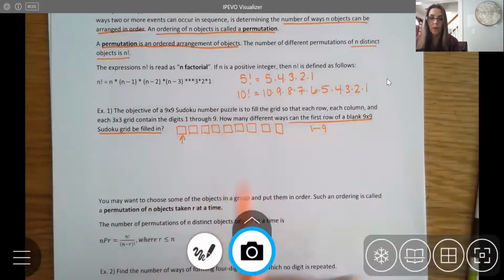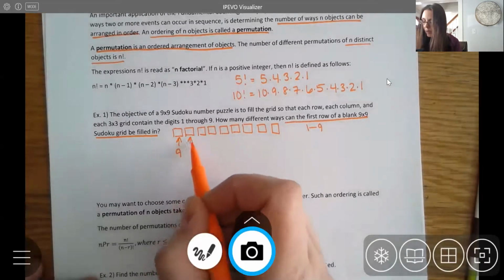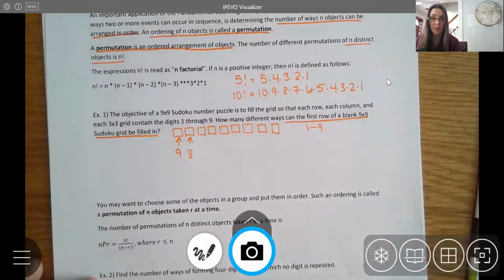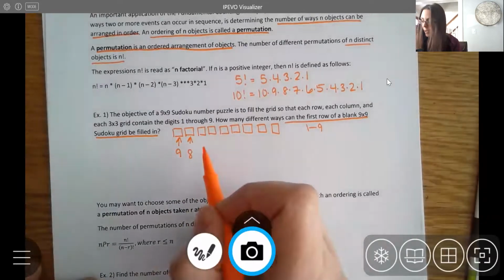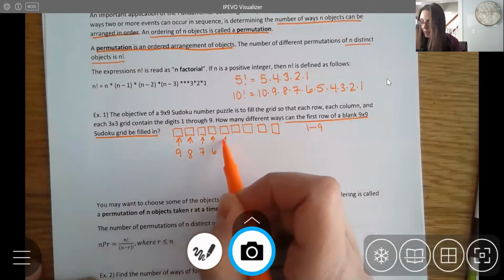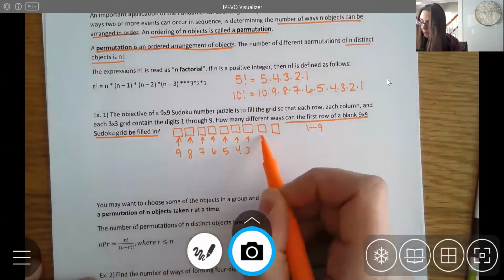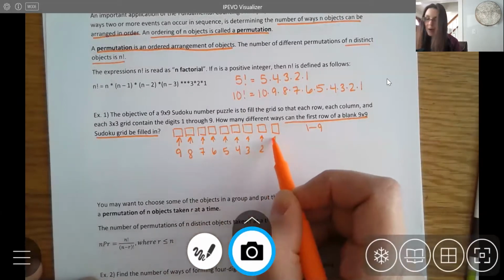So you can put the numbers 1, 2, 3, 4, 5, 6, 7, 8, or 9. So you have 9 choices. Well, in the second square, then you only have 8 choices because we're not going to repeat digits. They can only be used once. And then here you would only have 7 choices left, 6 choices left, 5, 4, 3, 2, and 1.